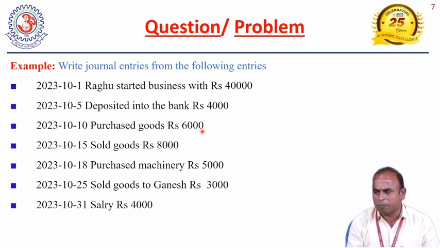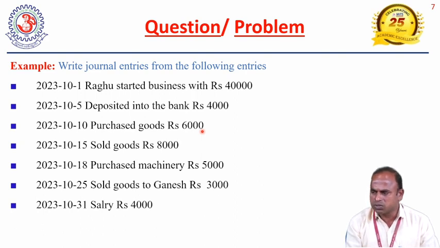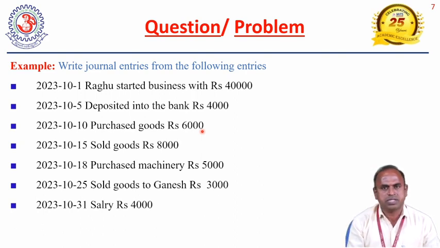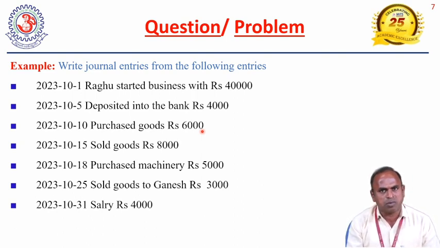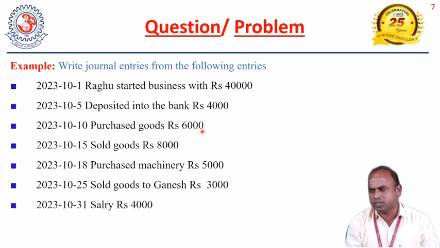Now you apply the nominal account rules and real account rules, then you write down which is debit and which is credit. The purchase is an expense. So as per the nominal account, expenses you write down on the debit side. The cash goes out from the business. As per the real account, you write down the credit side. So the entry is purchase account debit to cash account.